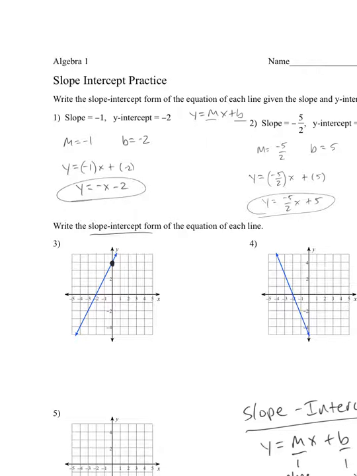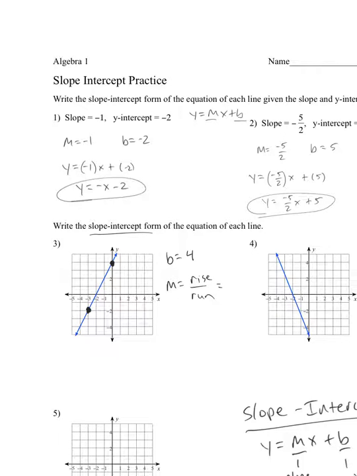So this line crosses the y-axis at +4. That's going to give us our b value. Finding slope, we just need to identify 2 points, and we can do our rise over run like we practiced yesterday.